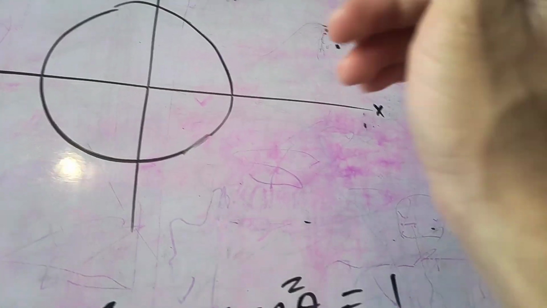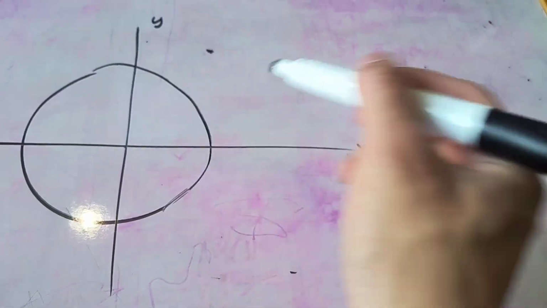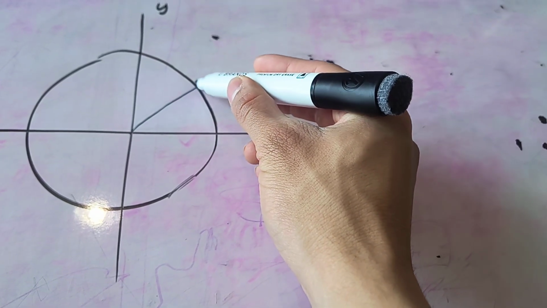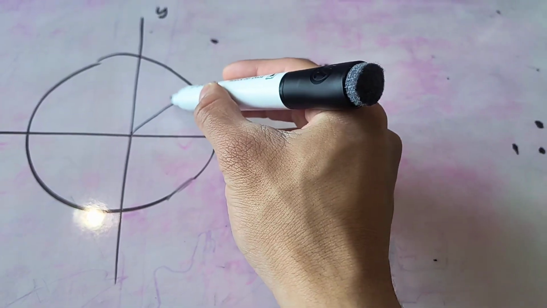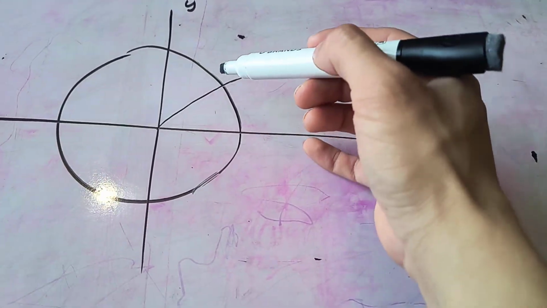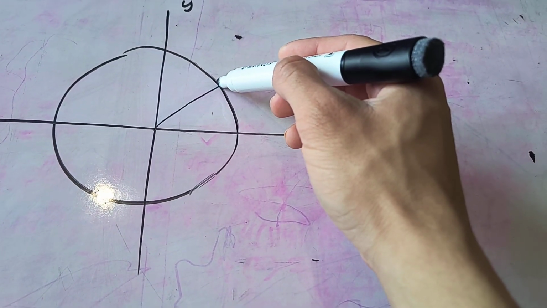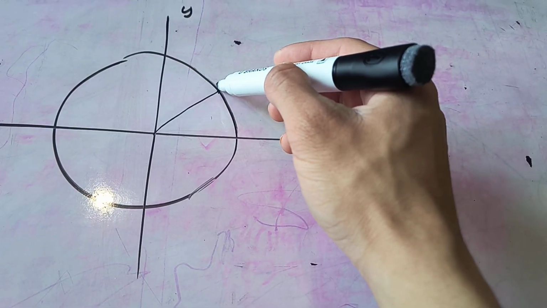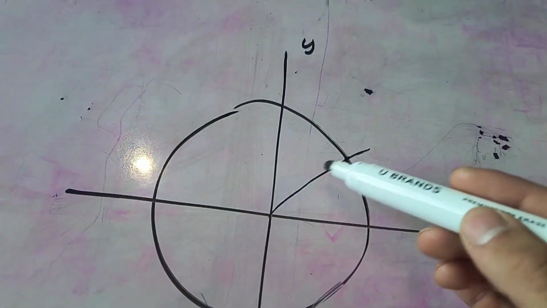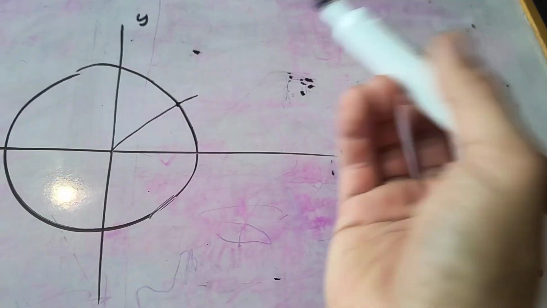So anytime we have a line going through it like this, or an angle between it, we know that the point where that line intersects with the circle is going to be a distance of 1 away from the origin.